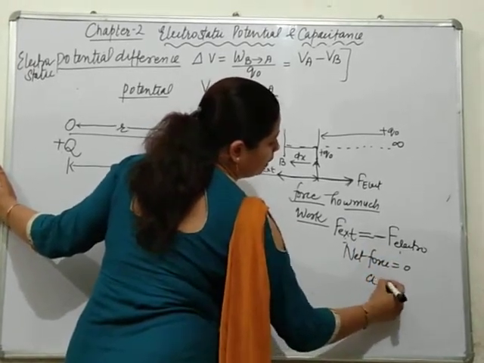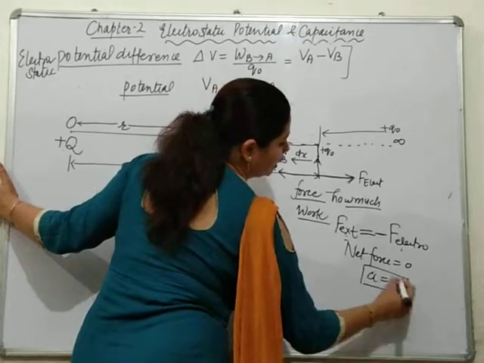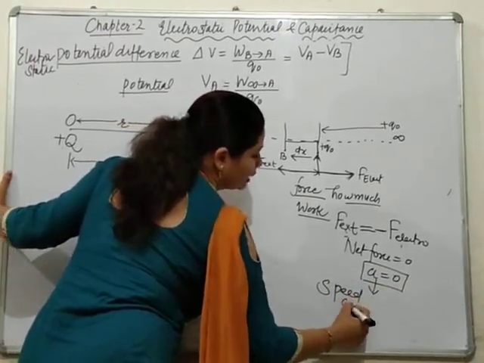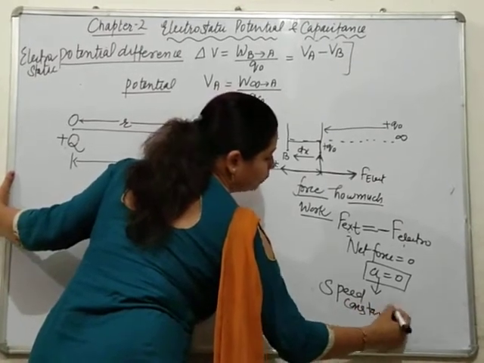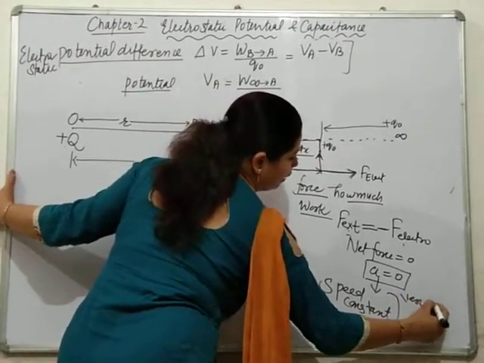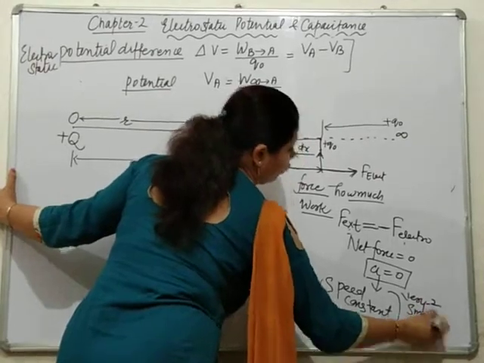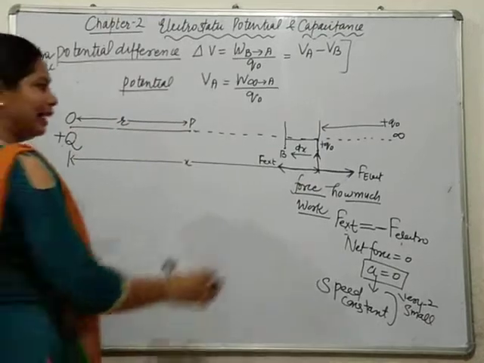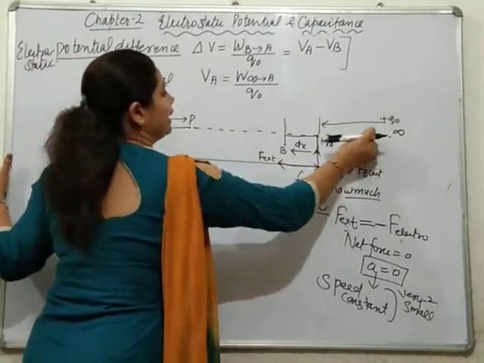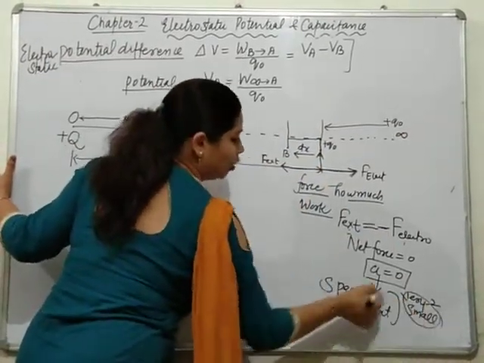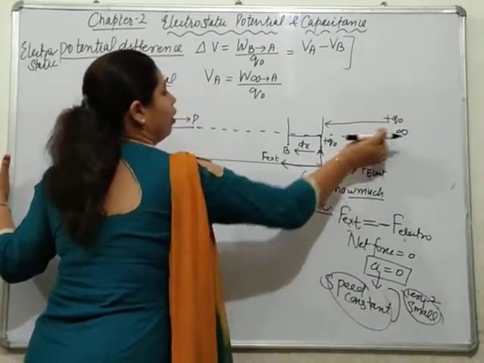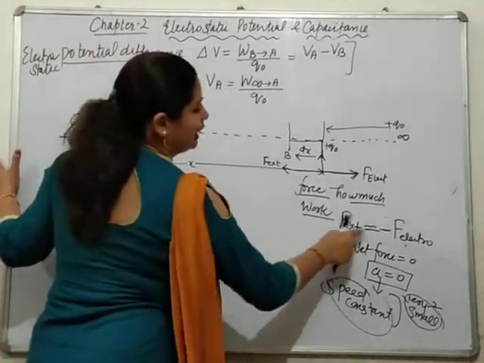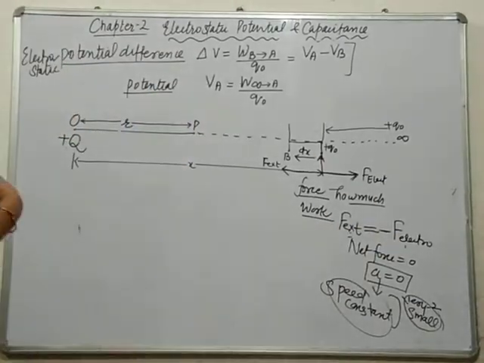If net force is 0, then acceleration will be 0. It means the body will come with constant, uniform speed, which must be very, very small. It does not mean the body will rush quickly to point P. We have to bring the body at a very small, constant speed from A to B, by applying a force equal and opposite to the electrostatic force.